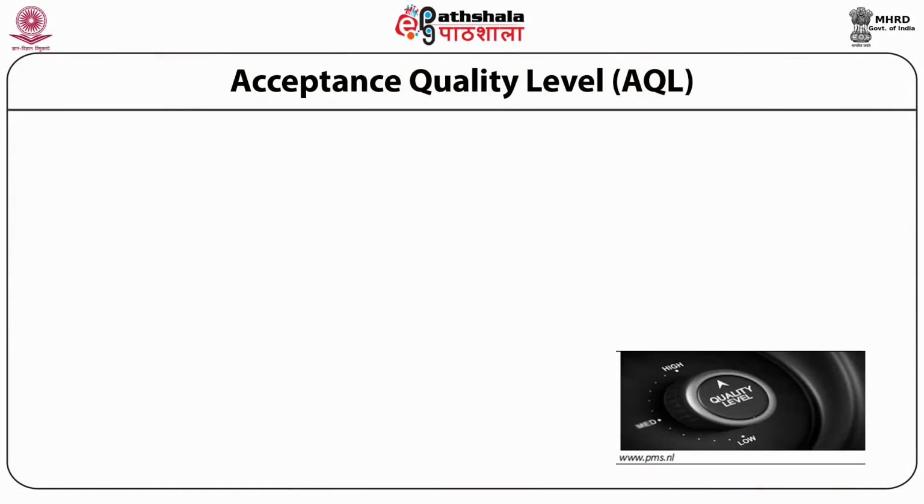Thus, in this scenario, both consumer and producer reach an agreement in deciding the acceptable number of defective parts in one lot. The following definitions or concepts need to be understood while making such decisions. Acceptance quality level, AQL.